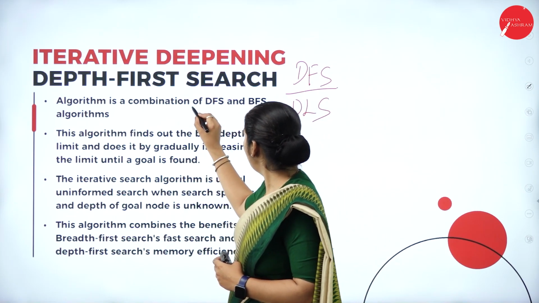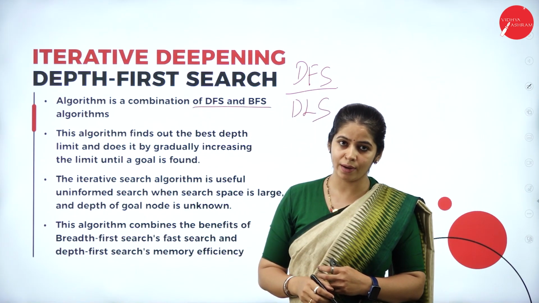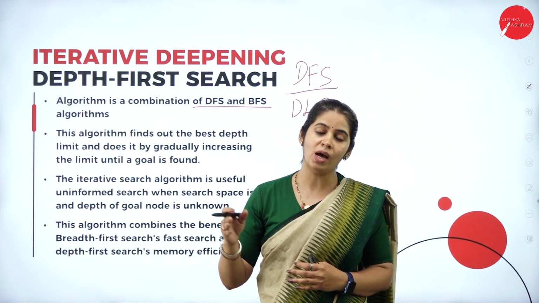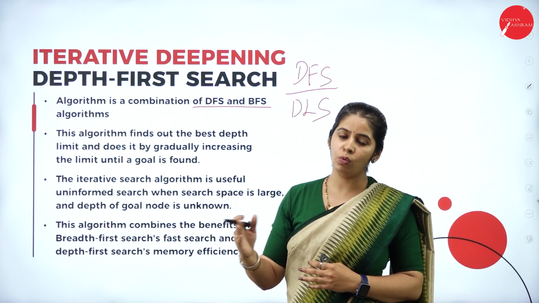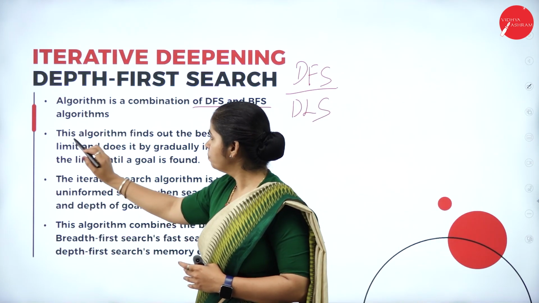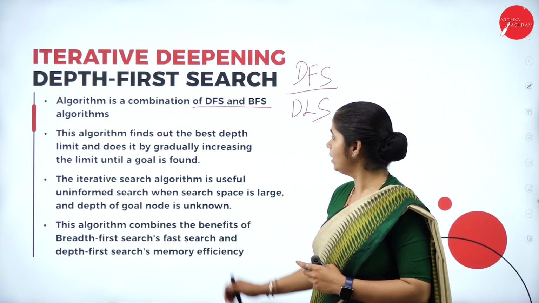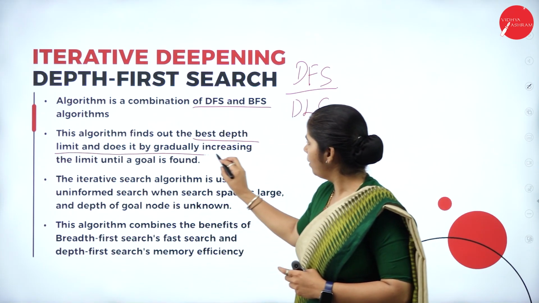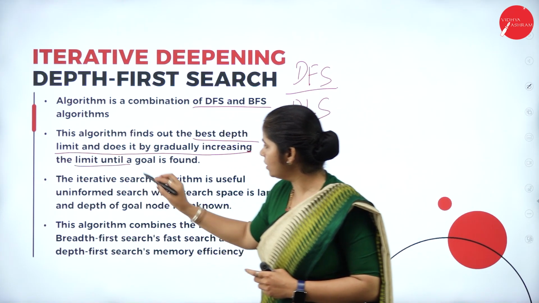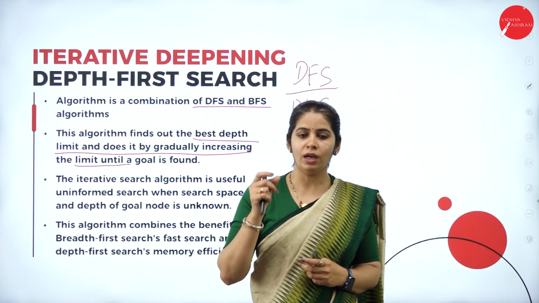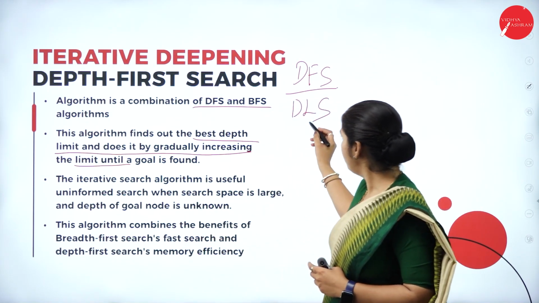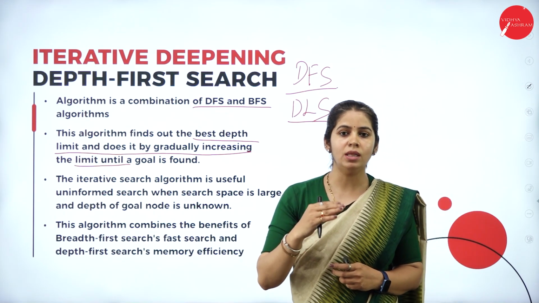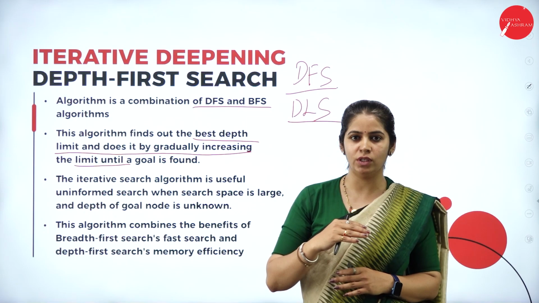It's a combination of the DFS and BFS algorithms. It either goes to the depth or traverses to the siblings, towards the width of the tree. This algorithm finds the best depth limit by gradually increasing the limit until the goal is found. As we did in depth limit search, it will limit the search to a particular level of the tree.